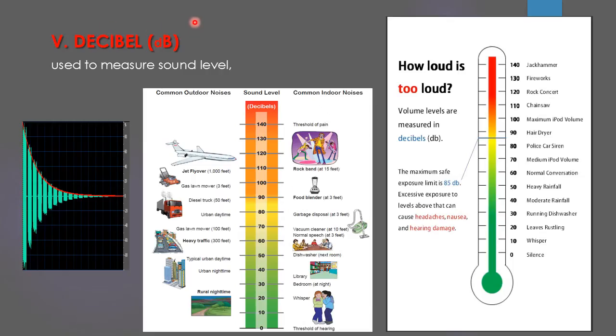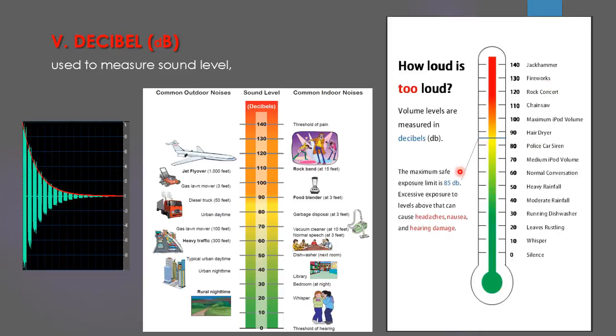Decibel, or dB, is basically used to measure the sound level, as you can obviously see here in this picture. How loud is too loud? For example, when you hear a hair dryer or fireworks, whatever.